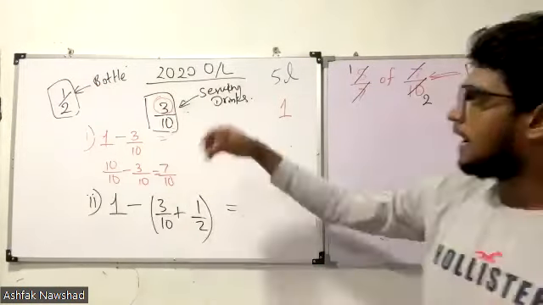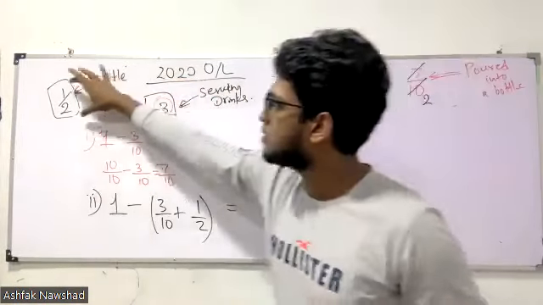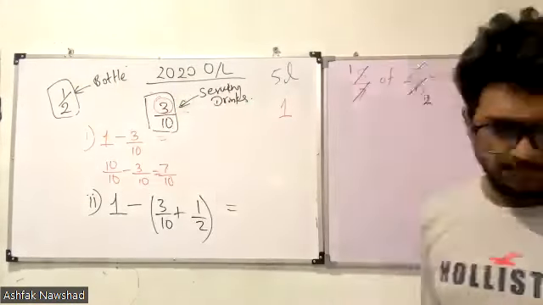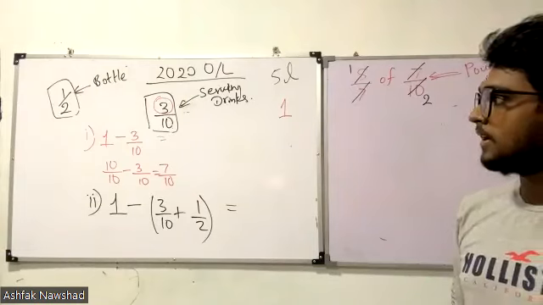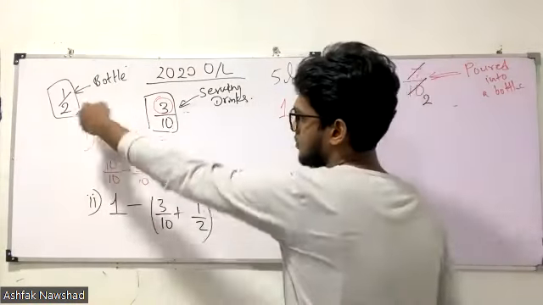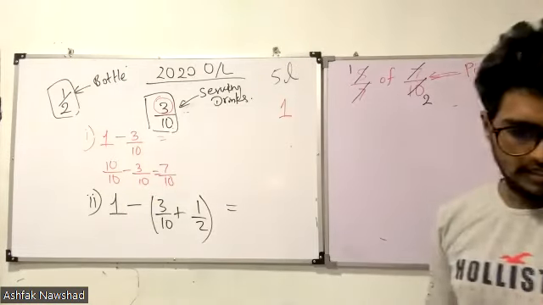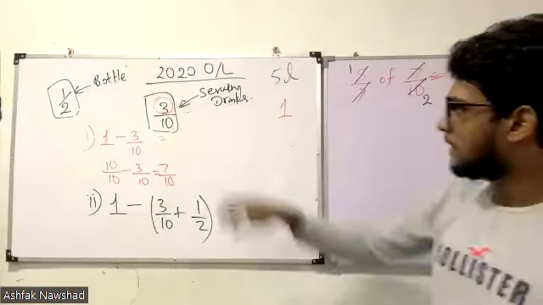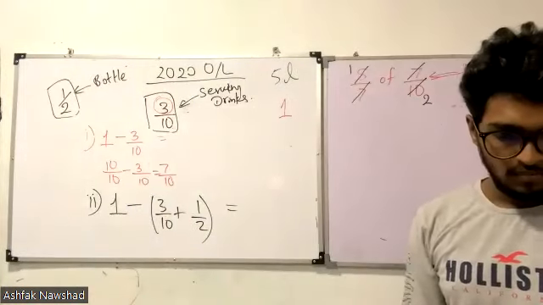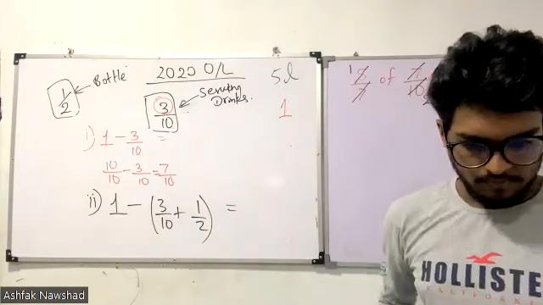So actually we have taken now 3 over 10 and also half. We have taken out these two from the container. So they are asking what is remaining. So in order to find what is remaining, we must subtract the sum of these two from the whole bottle. We must subtract the used liquid from the whole capacity. Is that clear?